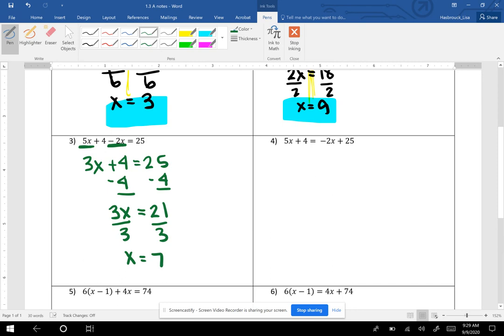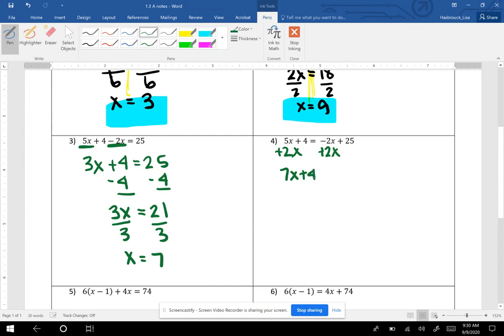Let's look at number 4. For number 4, the x's are on opposite sides of the equal sign. If they're on opposite sides of the equal sign, to move the x, you have to use the opposite sign. So here, to move this 2x, we're not just going to subtract 2x from 5x. We have to add 2x to move it. So we get 5x plus 2x is 7x.